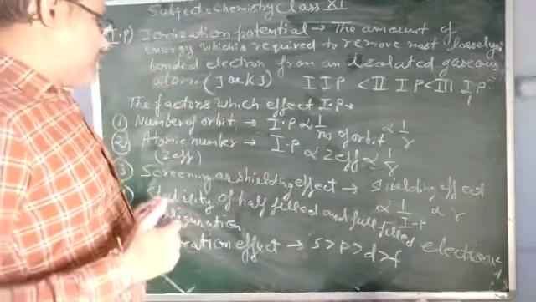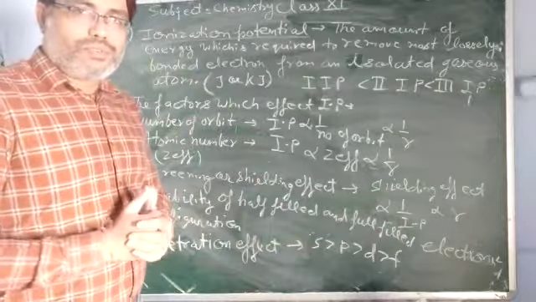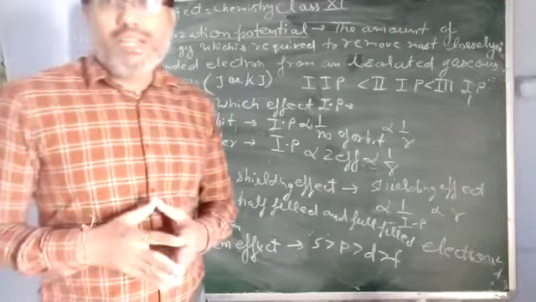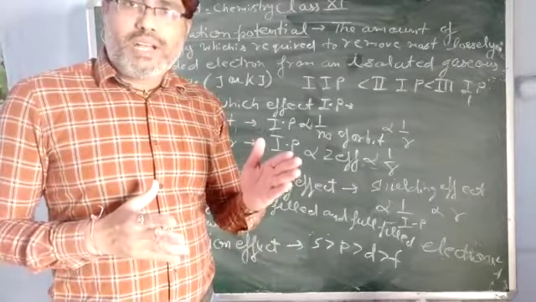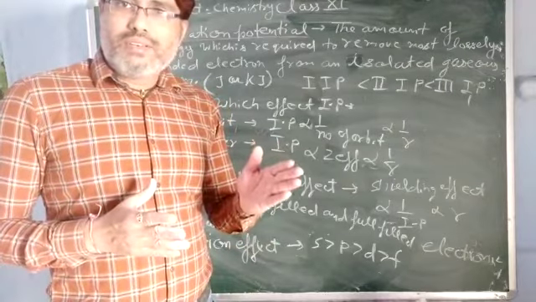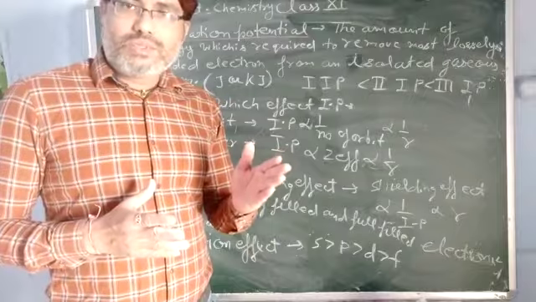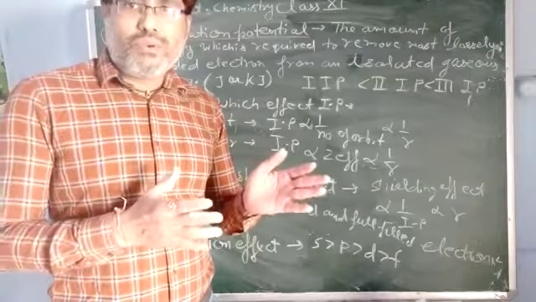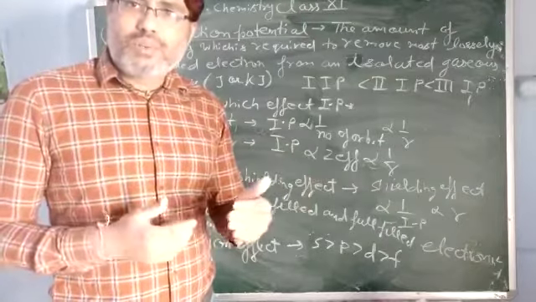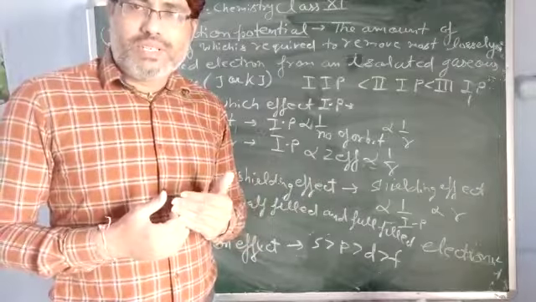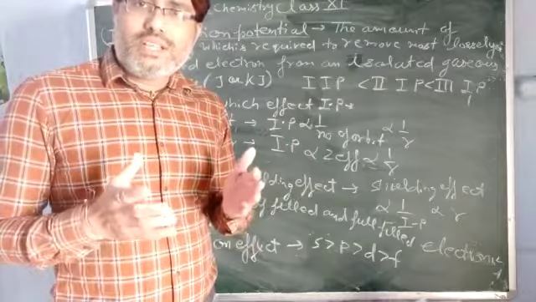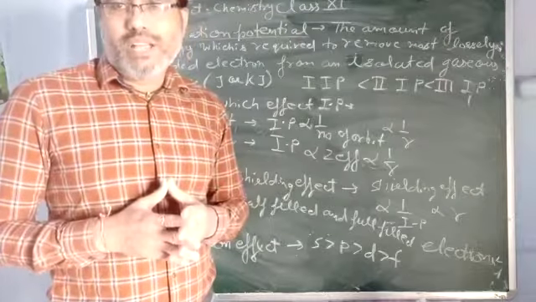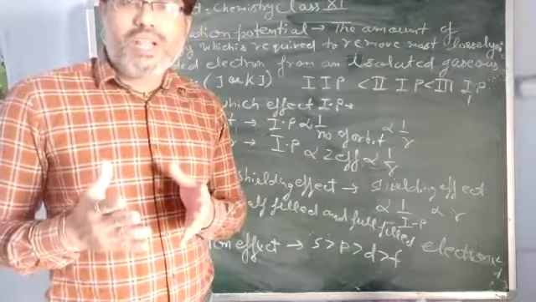Now next, stability of half-filled and full-filled electronic configuration. We have subshells like p, d and f. If the p orbital has 6 electrons, d has 10 electrons and f has 14 electrons, these are full-filled electronic configurations. And if we take half the number of electrons, like p3, d5 and f7, these electronic configurations are more stable compared to others.